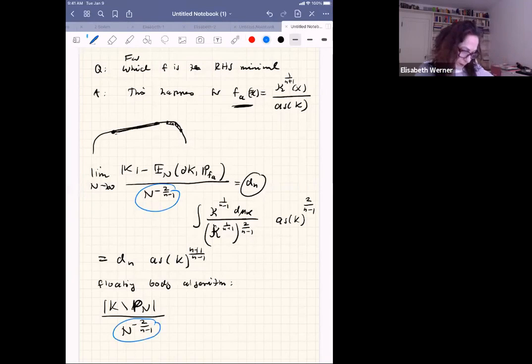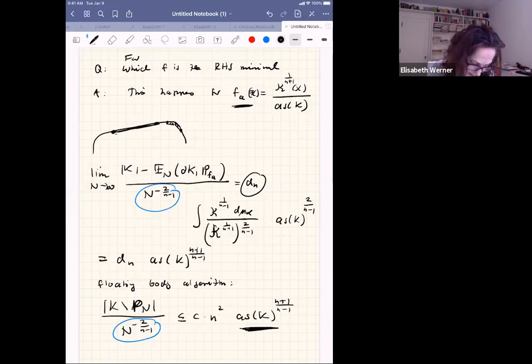As we have now in this random approximation, we have the same dependence concerning the vertices, and what we got was a constant times n squared, but then we had the same expression as far as the dependence on the body comes in, namely via the affine surface area of K. So that's why we were discussing affine surface area in the first place.